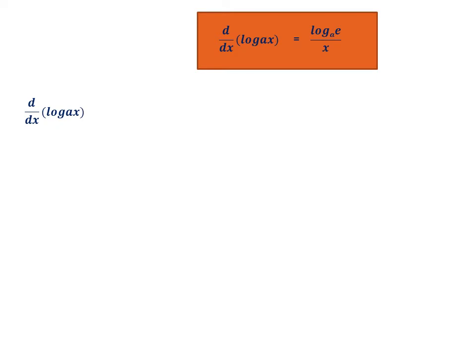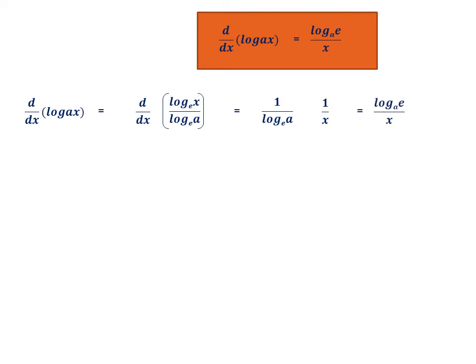Say d by dx of log x to the base a equal to d by dx of log x to the base e divided by log a to the base e. That is change of base. Now see here, log a to the base e is constant, therefore you can take it out. Then you know d by dx of log x is 1 by x.